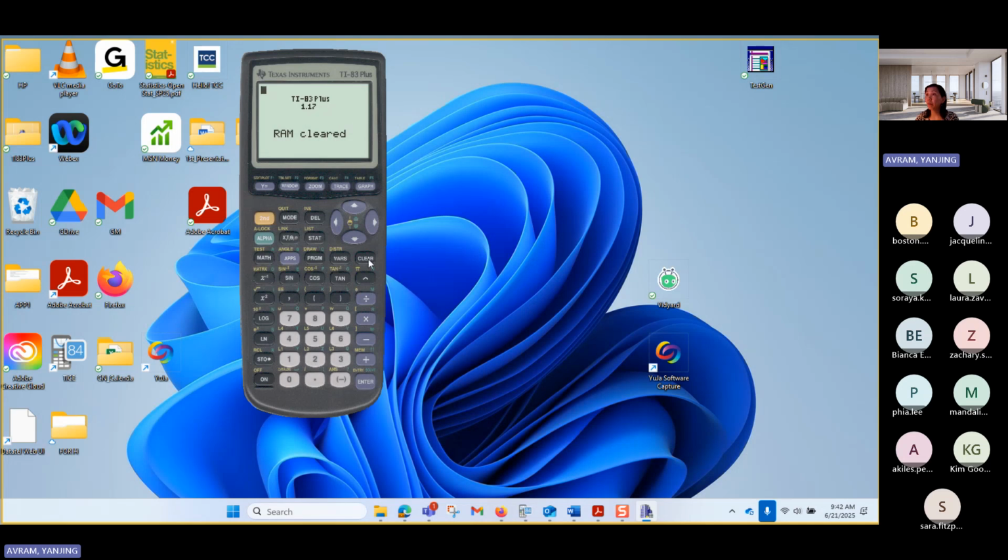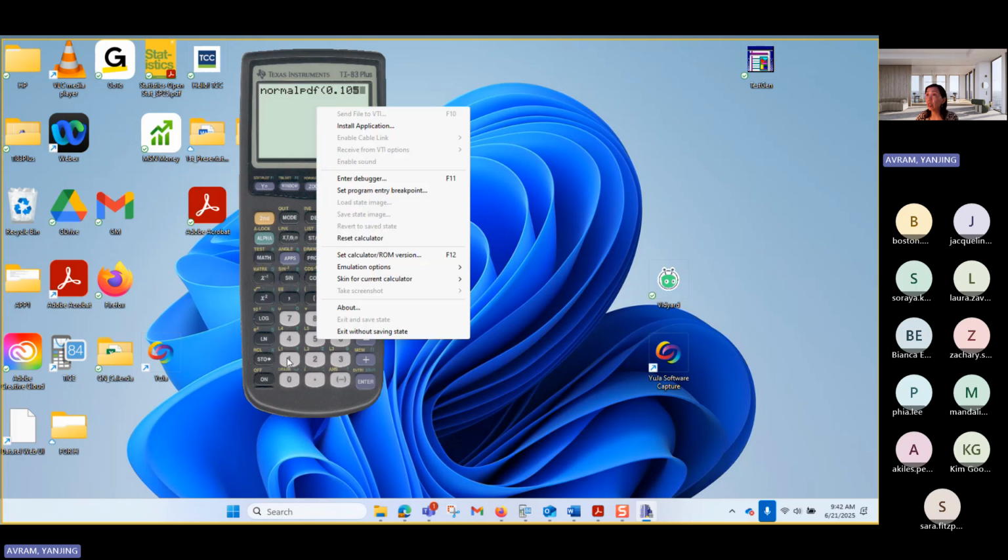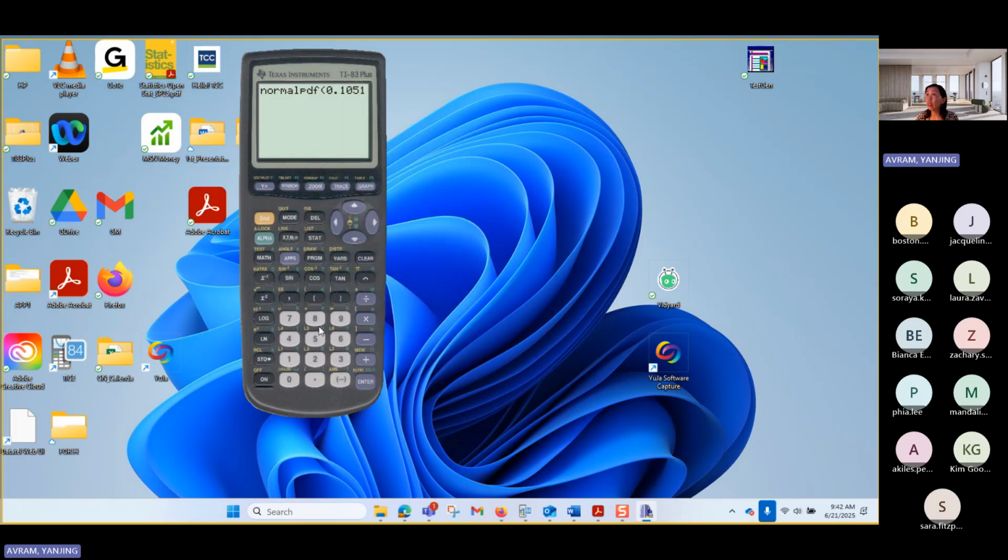Okay, so I go to second, bus. That's the distribution, right? I have a normal PDF, so I hit enter. Look at that, when I hit enter, I don't have anything in here, okay? I don't have an interface like I had earlier, but I can just type 0.1051 and hit enter, and this default is always area to the left.